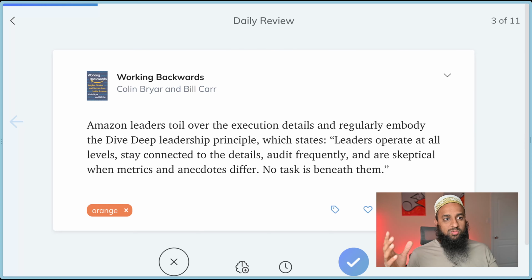You try to bring all of this together to build a unified truth of what's happening in the team at that particular moment. And like it says, no task is beneath them. I think this is mirrored in that other book, Extreme Ownership, as well. As a leader, you own everything in your world, and no task is beneath you.